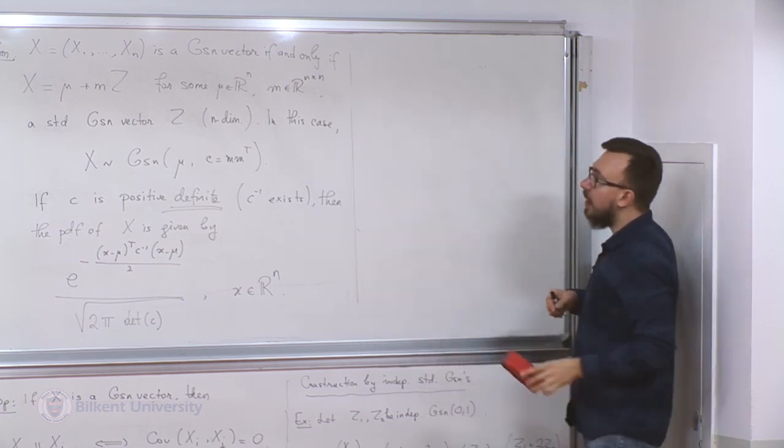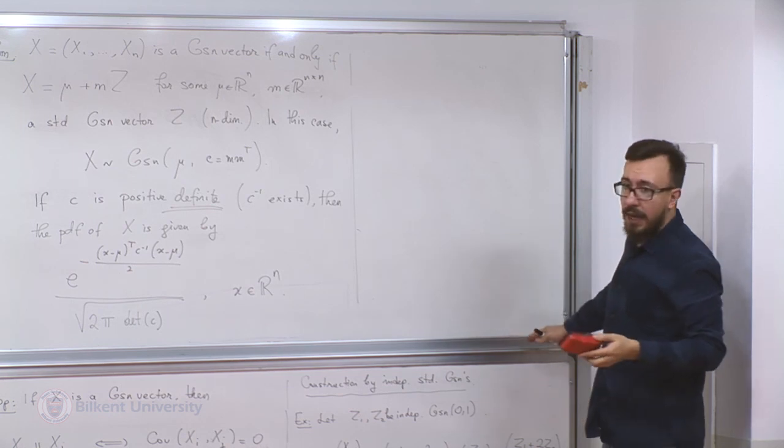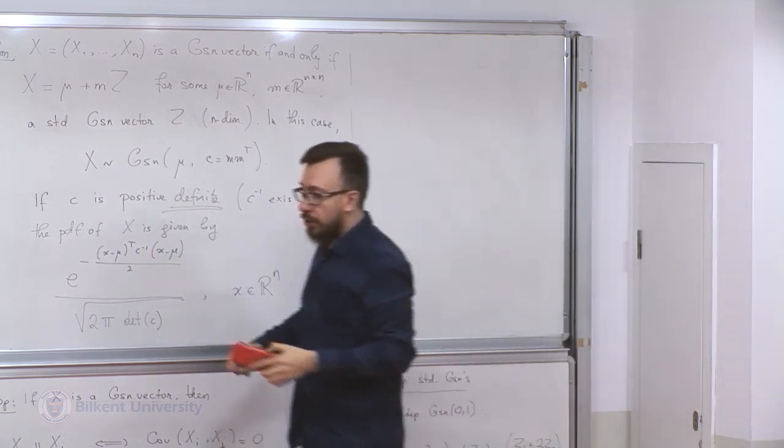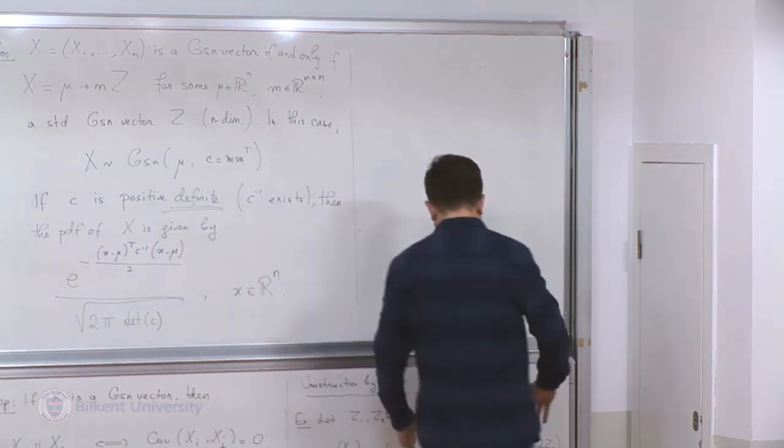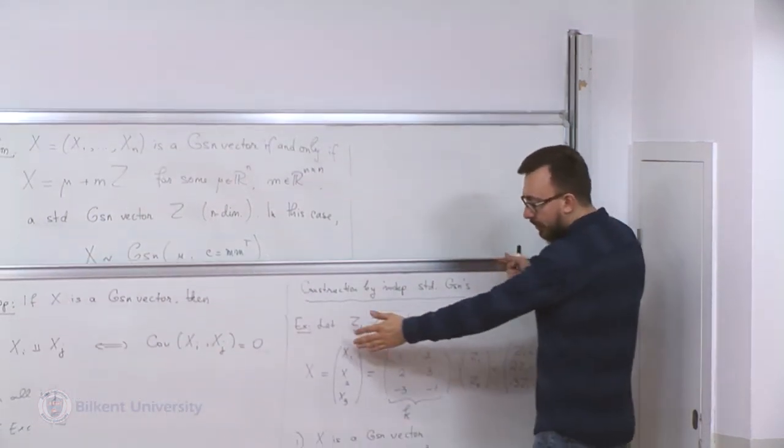So I will not prove it, but this is the general theorem that you can get about Gaussians. So it tells everything about Gaussians. Any Gaussian vector can be constructed using just standard and independent Gaussian random variables. In the example, we used 2 standard Gaussians and created a 3-dimensional vector.